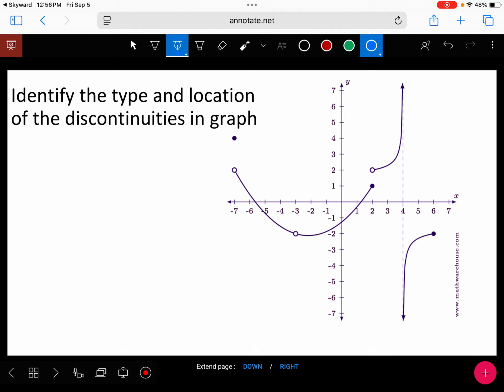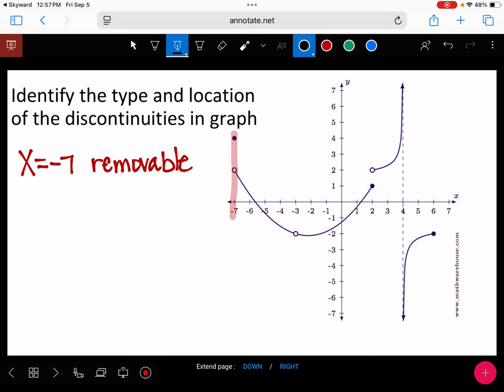So this graph has a lot of different discontinuities. Let's start off very, very far left. So right here, at x equals -7, that's a removable discontinuity because there's a hole in the graph.